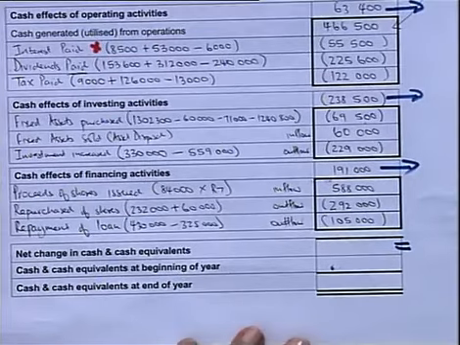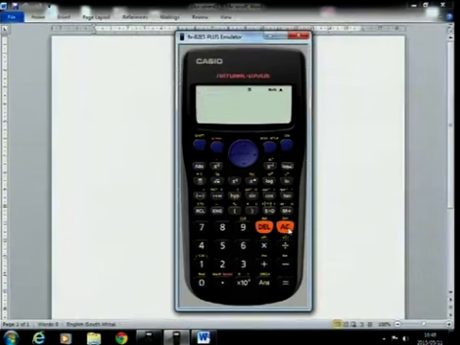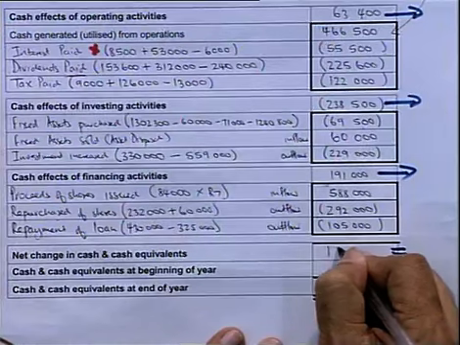So the total of the operating activities, 63,400, minus 238,500, plus 191. And that gives me 15,900.